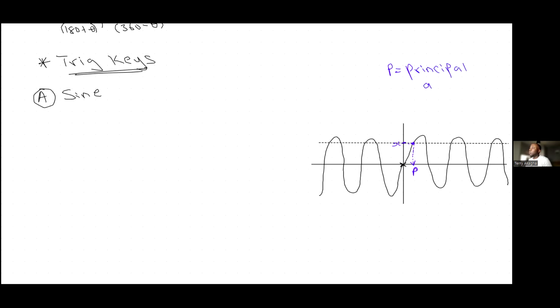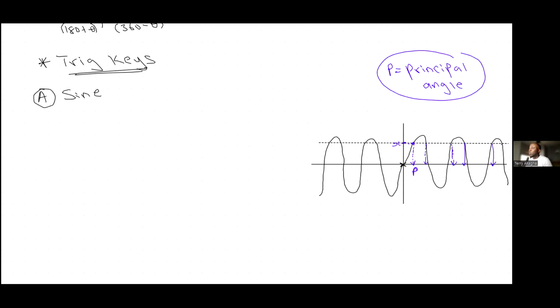P is the principal angle, and any other point that it touches on the curve, these are all the possible solutions for this angle. So it touches at this point, this is a solution.